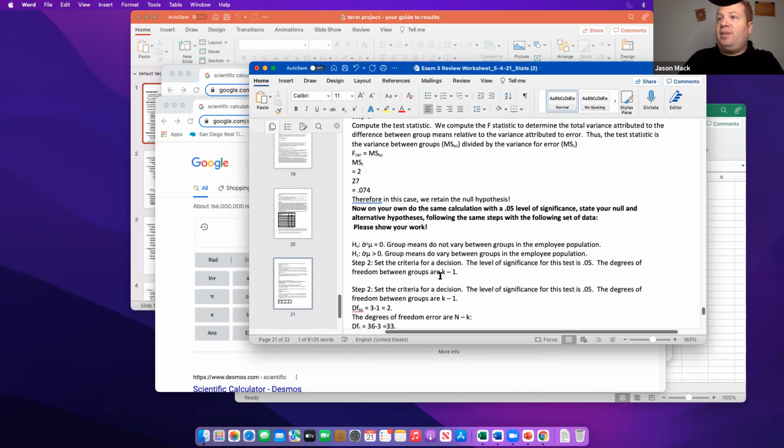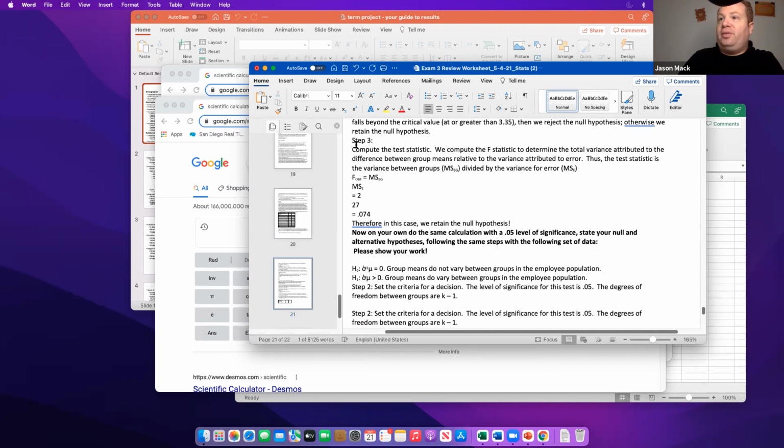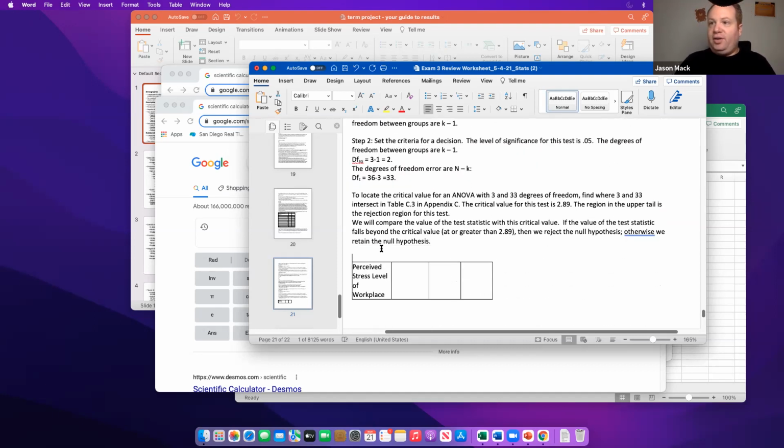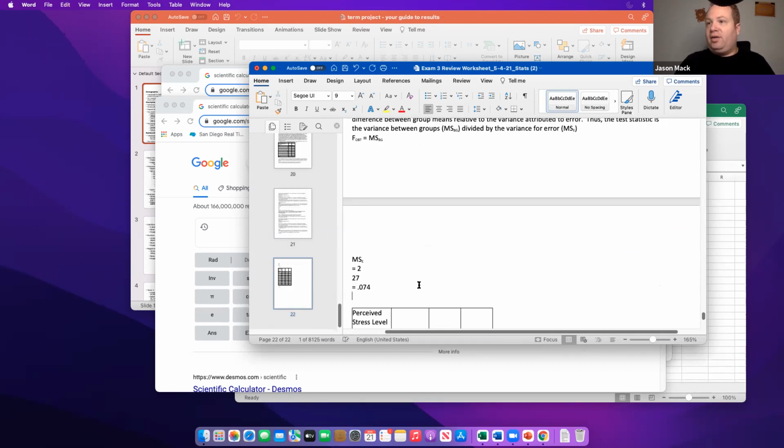So we're going to take the same thing, step 3, the mean square between groups divided by mean square error. So it's going to be 3 divided by 33, and we're going to see if that's different than the 2.89. Grab our calculator here. 3 divided by 33 is 0.09.